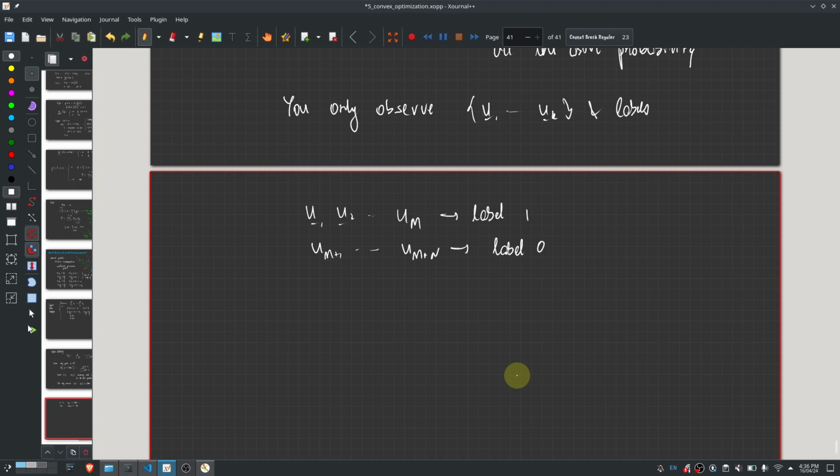Remember that you're fixing a set of points and labeling them at random. What is the probability that this would be the configuration that you would see, assuming that each point were labeled independently at random?